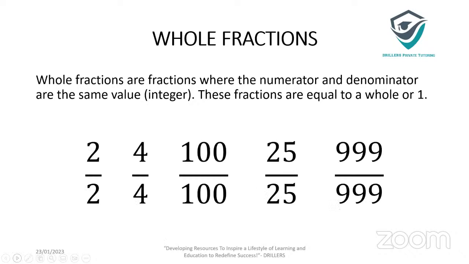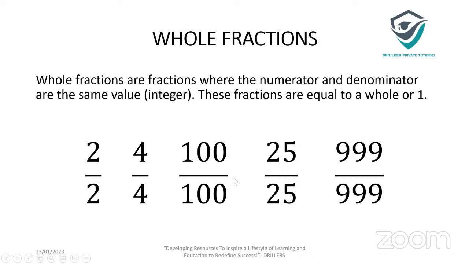Let's look at some examples of whole fractions here. We have 2 over 2, 4 over 4, 100 over 100, 25 over 25, and 999 over 999. Those are all whole fractions, because if we divide 2 by 2, we get 1. If we divide 4 by 4, we get 1.